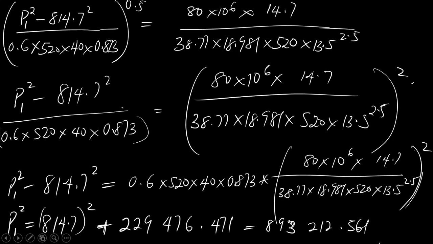Now let's take the square root of that value. If we take the square root of both sides, we'll now have our P. So P1 will now be the square root of this.